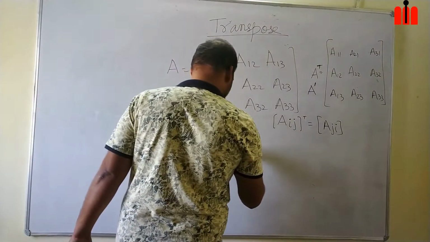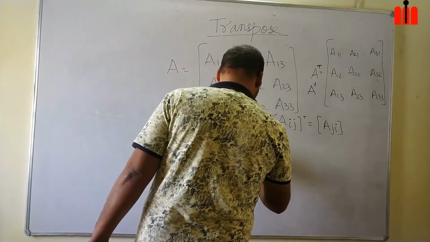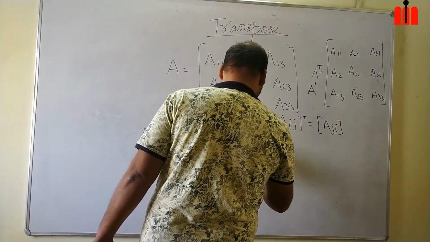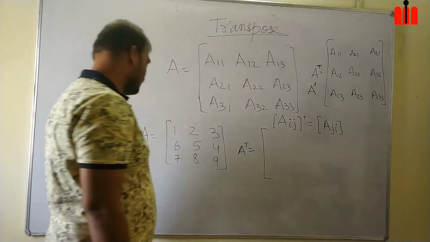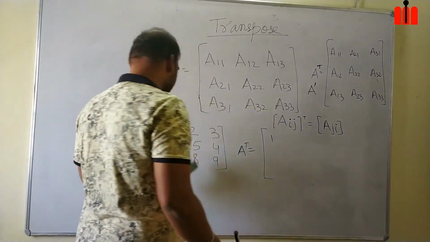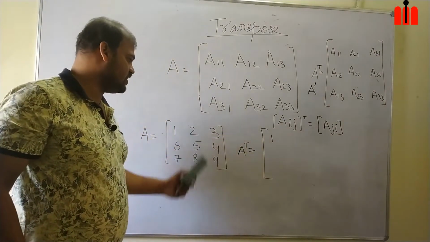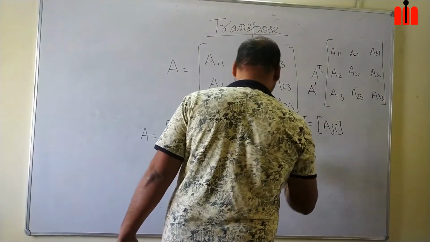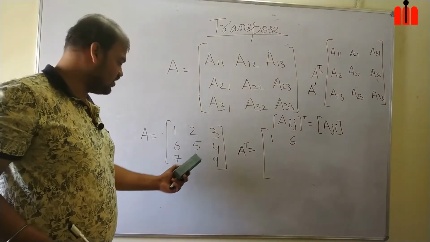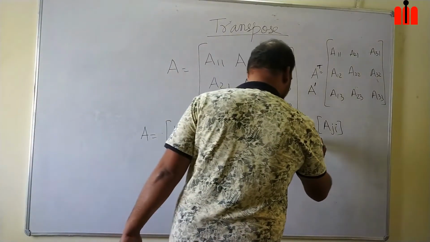In this matrix, once we perform A transpose, the first element will be 1. Here, this is A12, so it will be replaced with A21, so it is 6. A13 will be replaced with A31, which is 7.